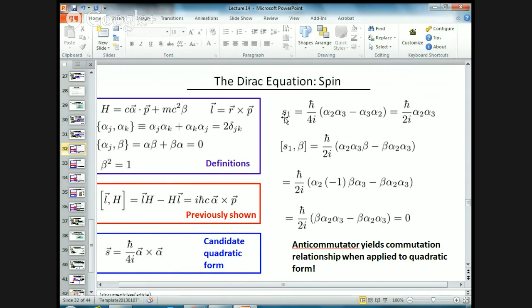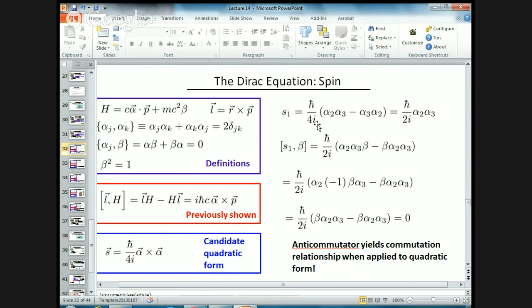I'm not going to go through this in detail, but there's an important thing here which shows you that even though the Dirac equation doesn't make any statement about commutators between the alpha and the beta, it turns out that commutators of products are implied by the anti-commutators of the basic quantities.